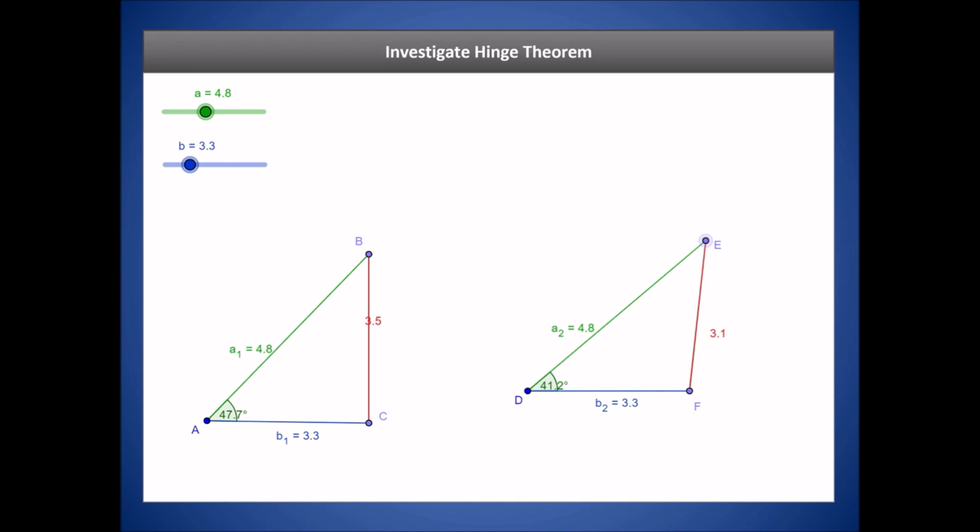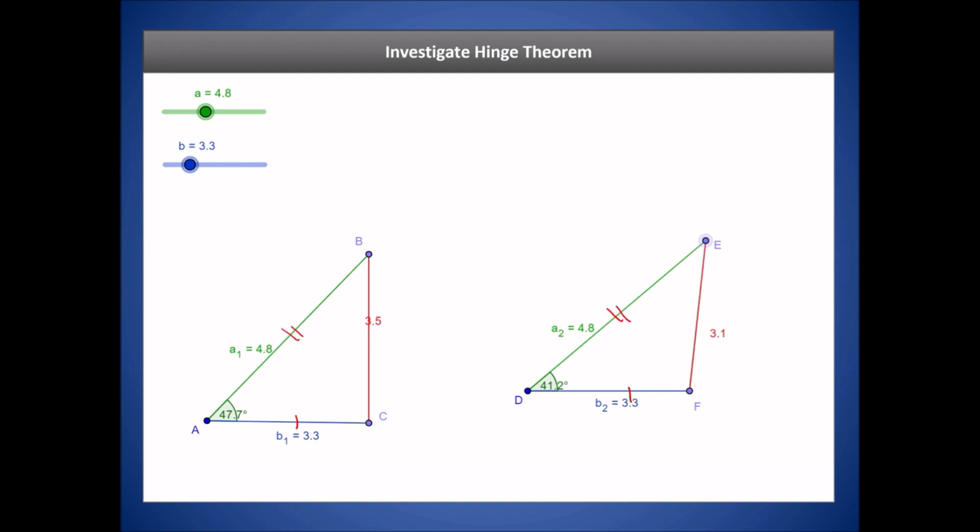So we're going to investigate what we refer to as the Hinge theorem. If you look at these two triangles, notice that they have the same measurements here and here. So those pair of sides are the same, and in this case, these two pair of sides are the same.